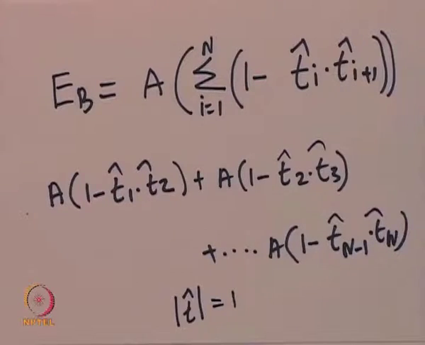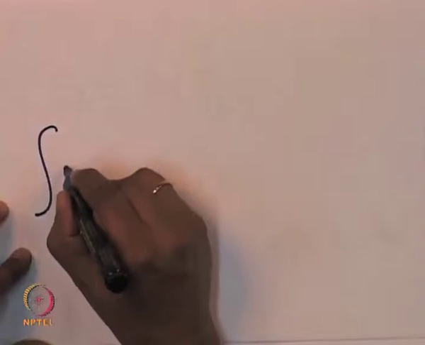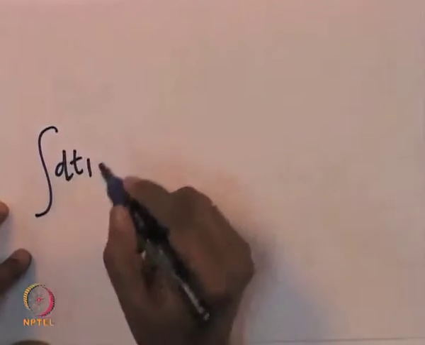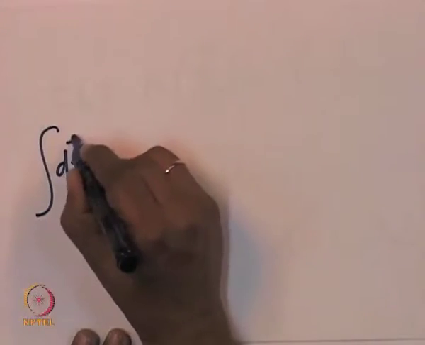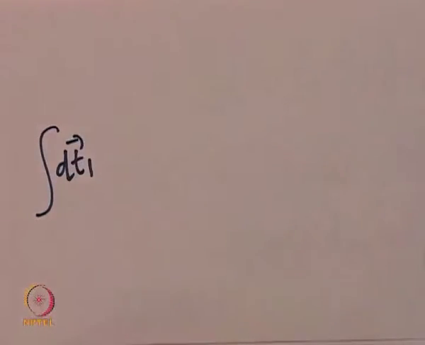Now, given this, we want to calculate the partition function, which is the sum over all states. That means you integrate over all possible dT1, the first tangent vector, which can take any orientation. It is a vector in 3D, so it can take all orientations in 3D.